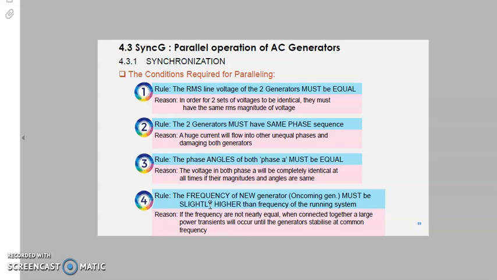So the incoming generator, from no load to the tap load, must have higher frequency, such that you are able to cater to the load of the grid at the time. So the frequency must be slightly higher than the frequency of the running system. If not, when we connect together, a power transient will occur until the generator stabilizes at a common frequency.